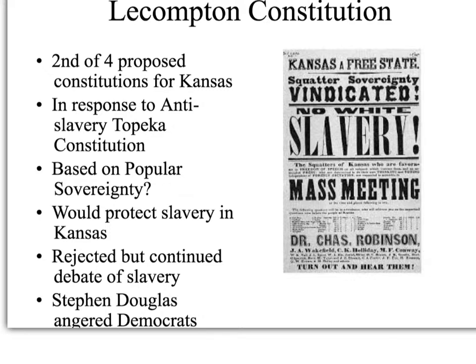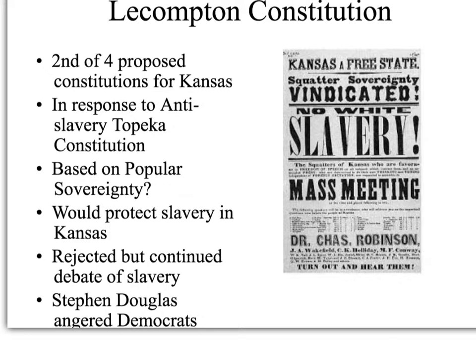But if the people voted for Kansas to be a free state, the people that were already there who had slaves would continue to be allowed to have those slaves. In other words, slavery would be allowed to continue to exist in Kansas, even though the people of Kansas said that it would be a free state. So the Lecompton Constitution becomes very controversial. It was rejected, but it continued to heat the debate over slavery.